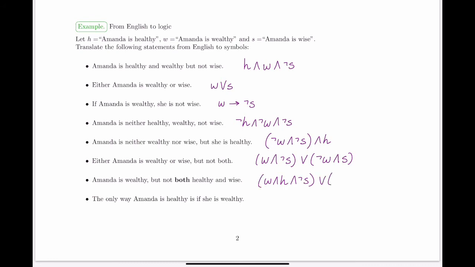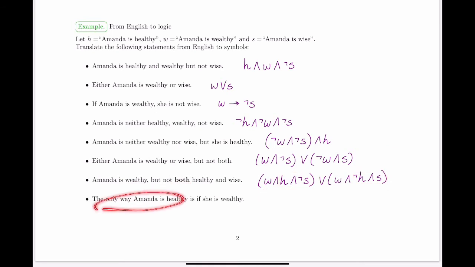Or we can have the case where she is wealthy and not healthy, but then she can be wise. Okay? So the not both healthy and wise now refers to this substructure that is similar to the example before. Right? So in both of these cases, we have only one or the other, but we have wealthy for both of them because we're told that she's wealthy regardless.